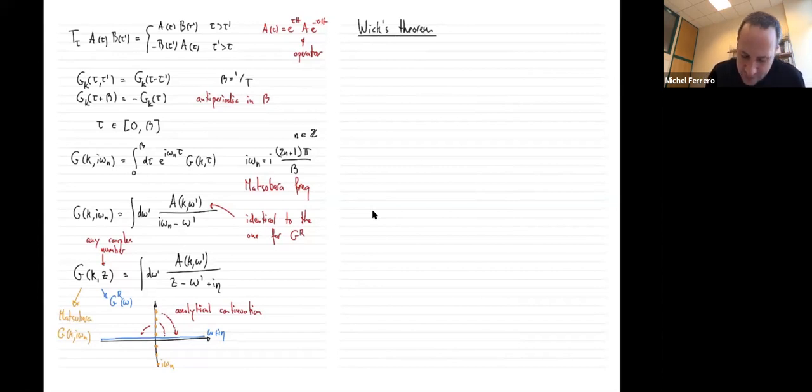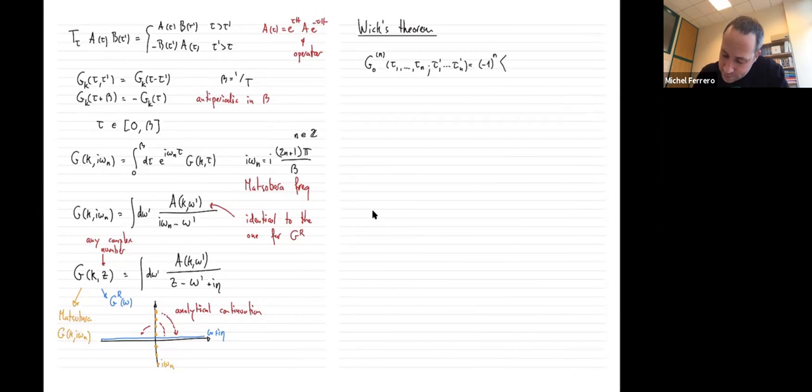What it says is, like I said, there are single particle Green's functions, but in many cases we end up having to compute higher order correlators that involve more particles. And so many times we end up having to compute an n particle Green's function, which is an object which depends on 2n imaginary times.